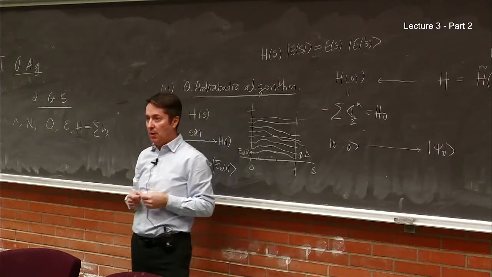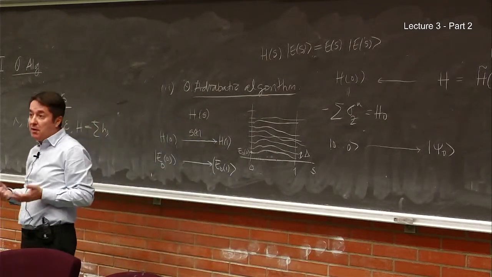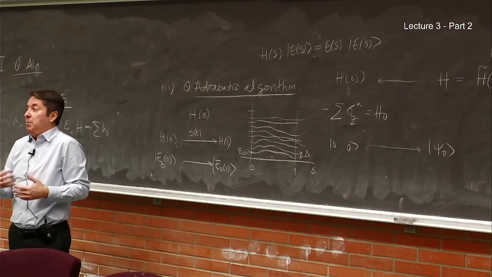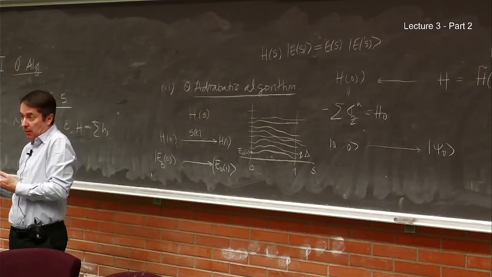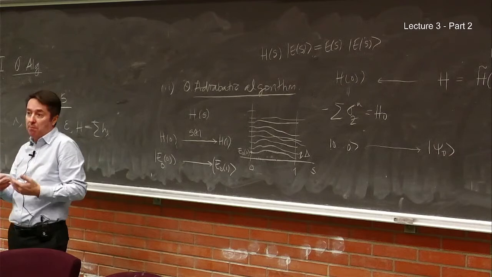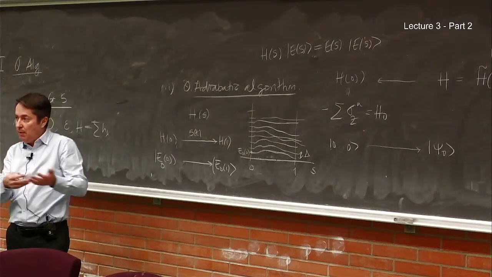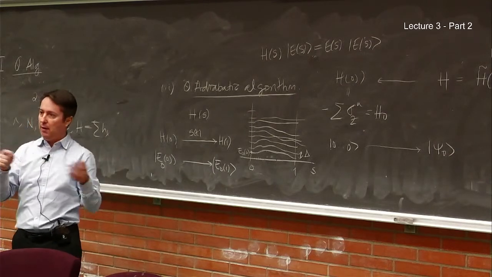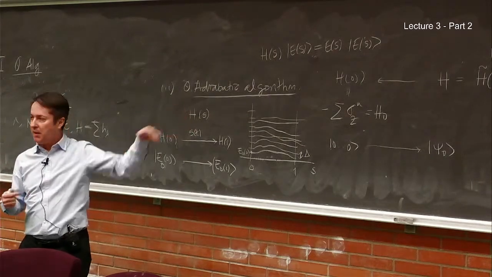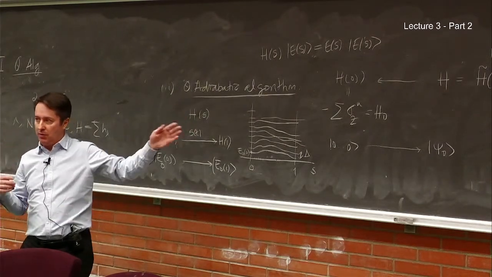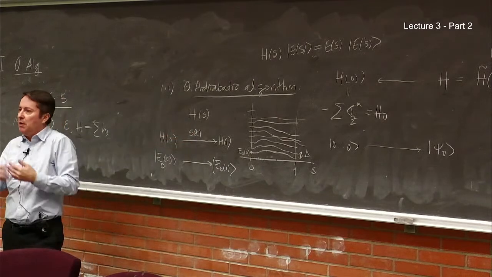So this will give you some kind of evidence that this is working, and that's what people expect, that these quantum algorithms based on the adiabatic theorem will be used in practice, that you will just run them. If you know that there's a critical point and you want to explore it, then you know what the scaling is, and you can go sufficiently slow, but it's still polynomial, and this will work.